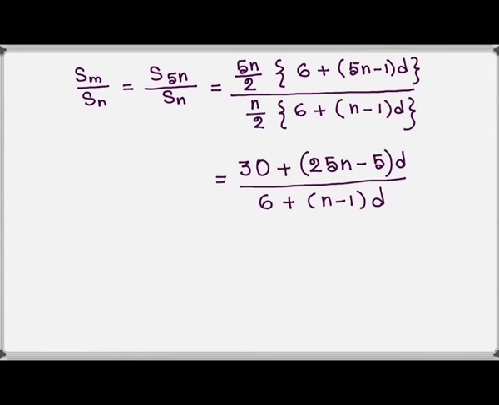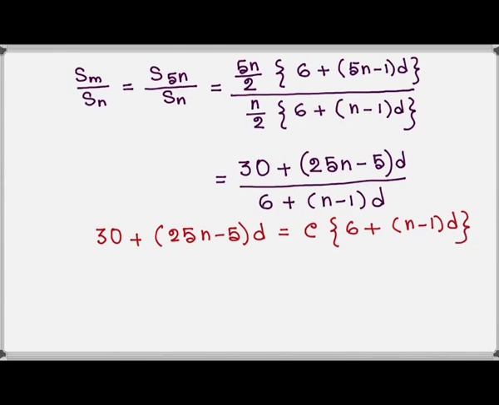Let us call that constant C. So we have 30 plus 25n minus 5 into D is equal to C into 6 plus n minus 1 into D. To emphasize, we have Sm by Sn is a constant which we have called here by C because even if n changes, the ratio Sm by Sn does not change.